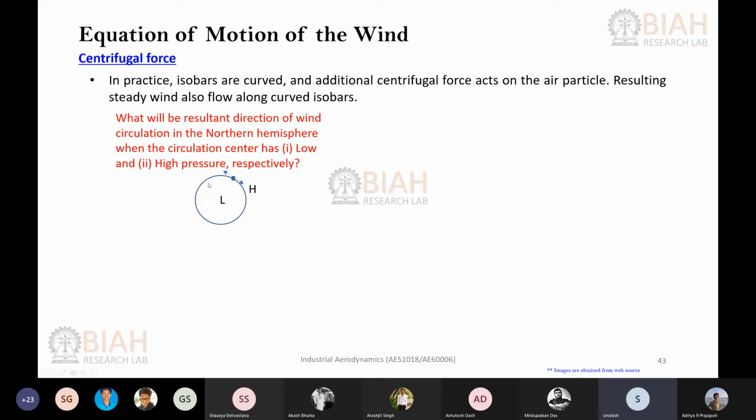If there is an air parcel here, in which direction will it move, counterclockwise or clockwise, in the northern hemisphere, taking into account the pressure gradient force, the Coriolis force as well as the centrifugal force? So far we are not discussing frictional force, so we have only discussed three forces. Can you think which direction this air parcel will move, based on the force balance, of course? And I am asking for the northern hemisphere.